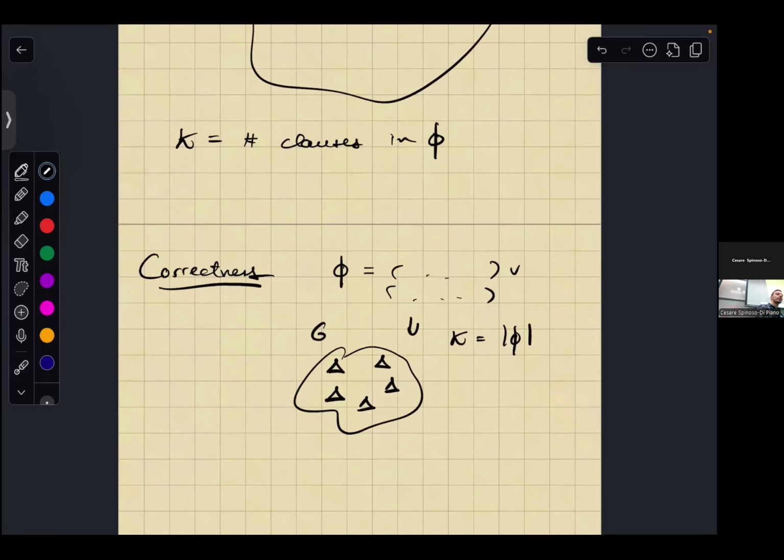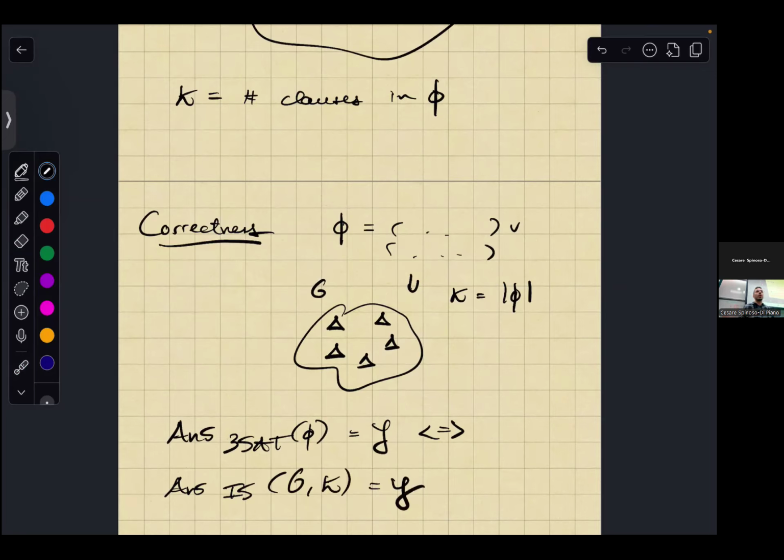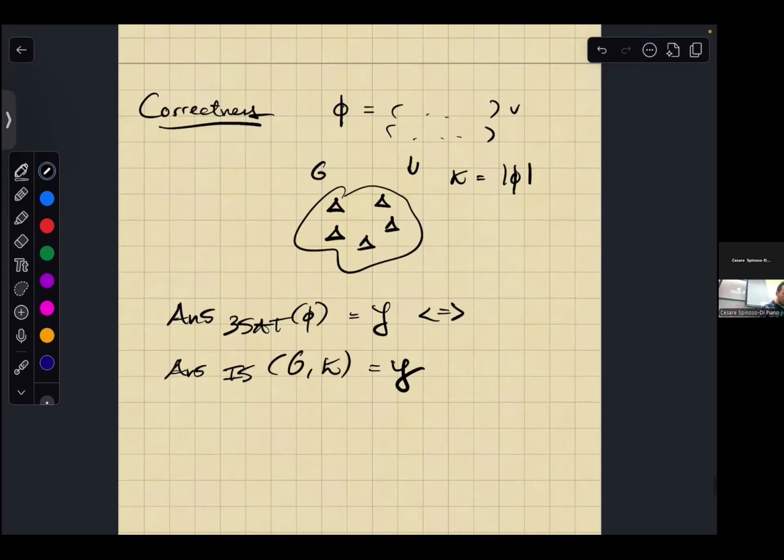To check correctness, I need to check that the answer of the 3-SAT problem for phi is yes if and only if the answer to the independent set problem for G and K is yes. Because if I have this and a correct independent set solver, then I have a 3-SAT solver; if not, I have to refine it. So let's see. The forward direction is going to work out.